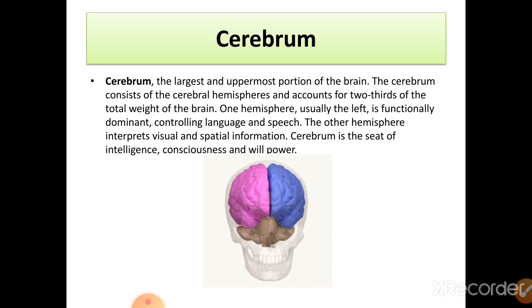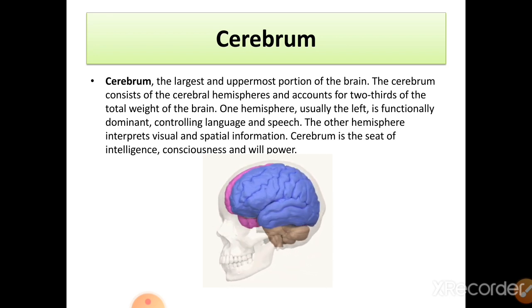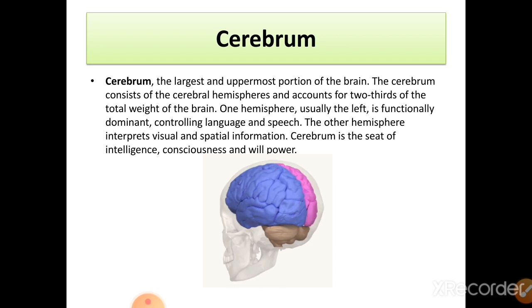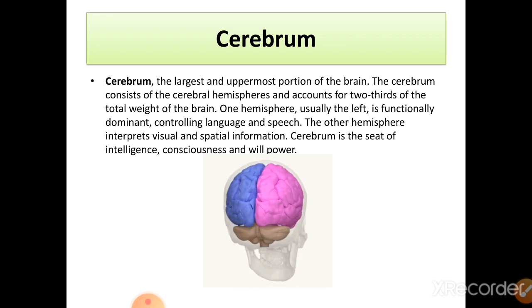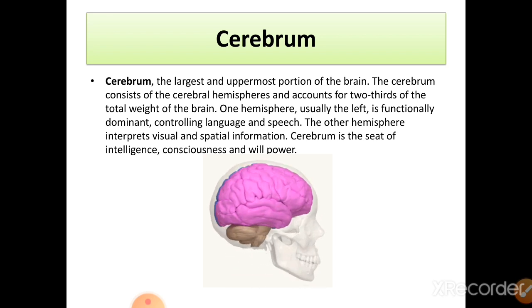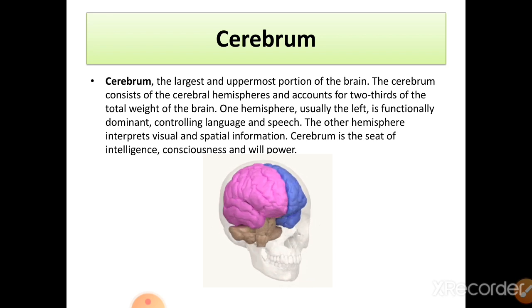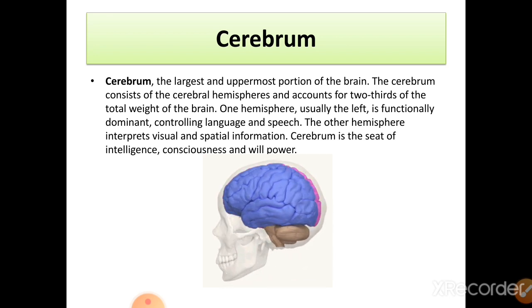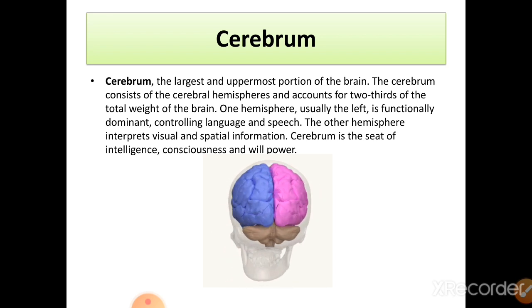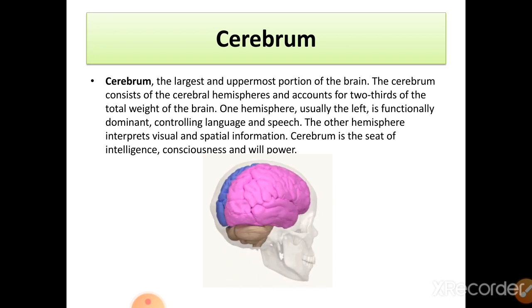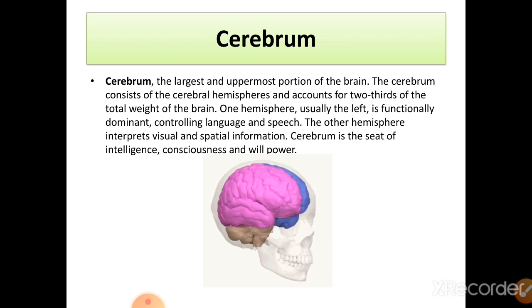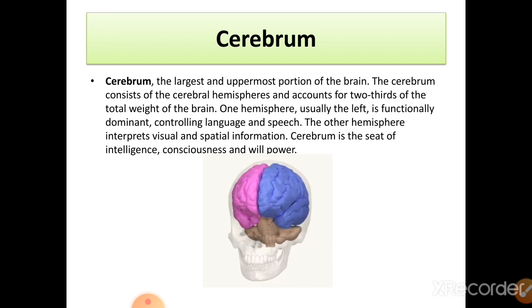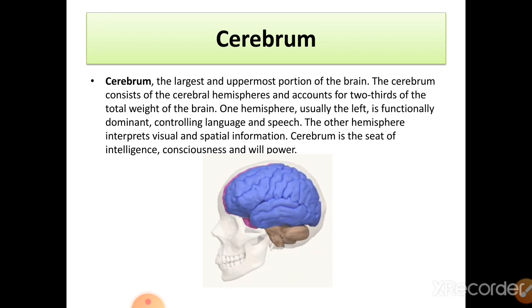The cerebrum is the seat of intelligence, consciousness, and willpower. This means your intelligence, the way you think, the way you question, the way you understand is controlled by the cerebrum. Right now you are listening to me and watching this video, and all this is done with the help of the cerebrum.